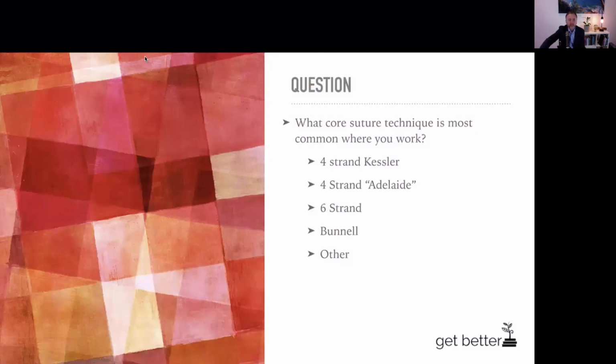Six-strand, my surgical mentor still uses it, but I don't have this graph on the presentation today, but we do see that as our number of strands goes up from 2 to 4, that strength goes up. But as we get to 6, it drops off the other side.